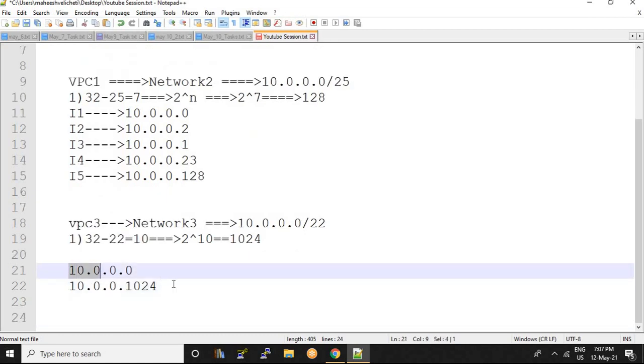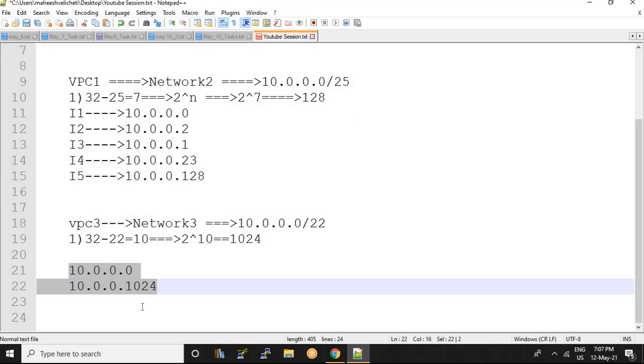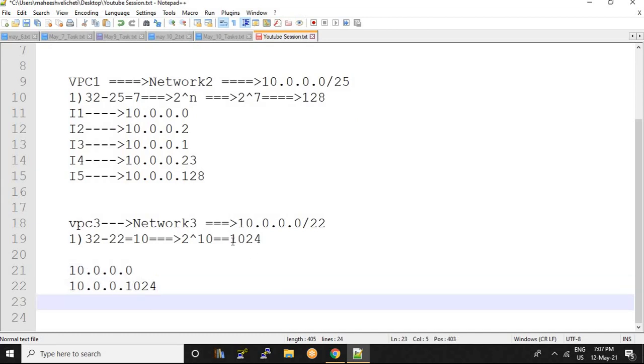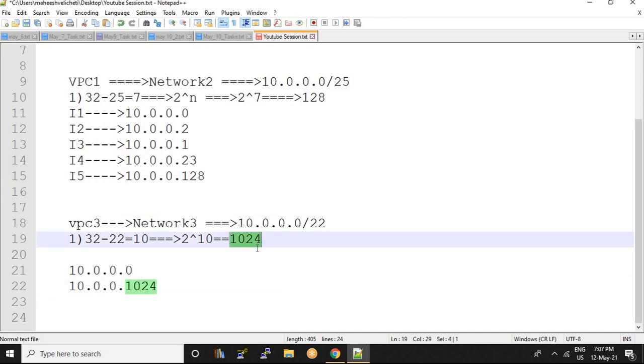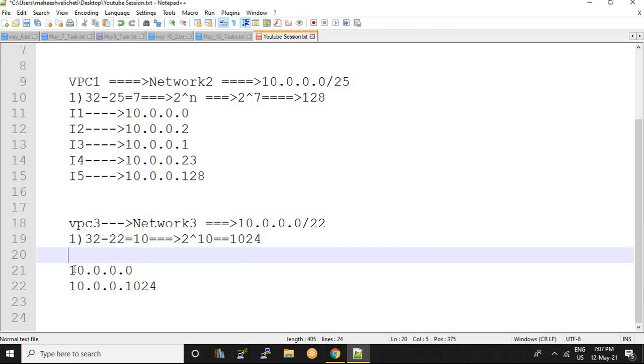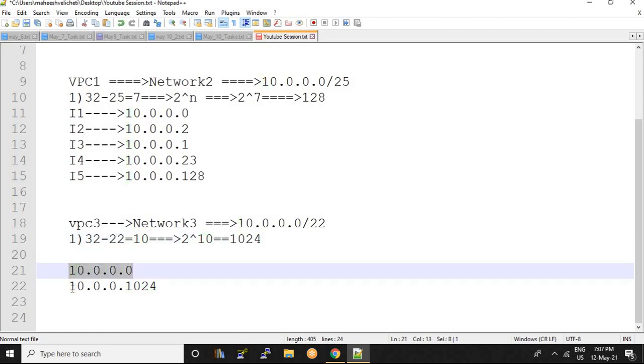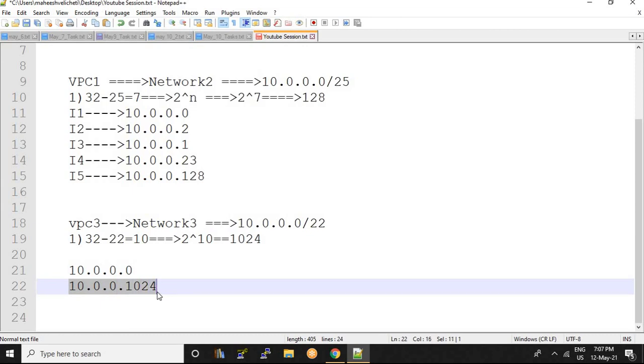Is it right what I have given here? I told you 1024 IPs are reserved for my network, so I am assigning here 10.0.0.0 to 10.0.0.1024. I have given it in this way. Is it correct? Definitely it's wrong.